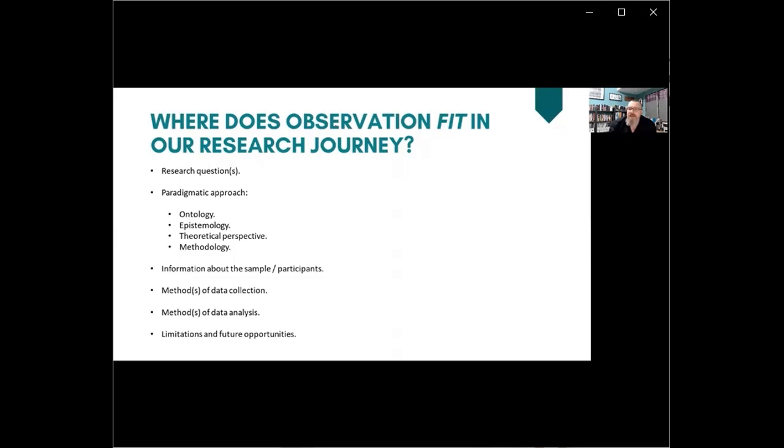So it concerns claims about the nature of being and the nature of existence. Now, this is going to apply for some of us in terms of how we go about using observation and how that helps us to further make the explanations.